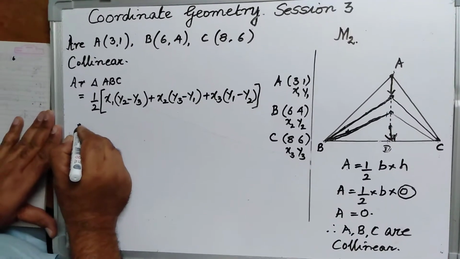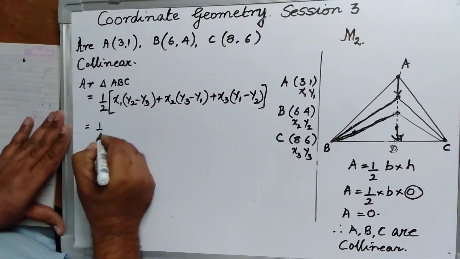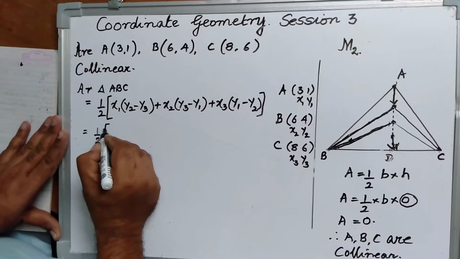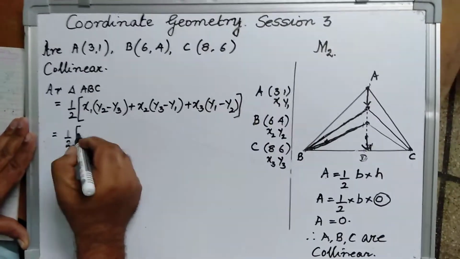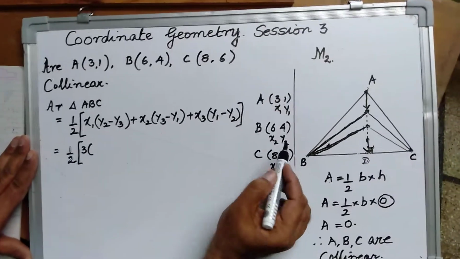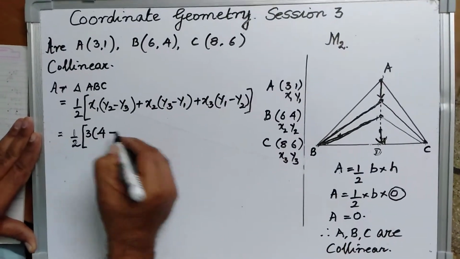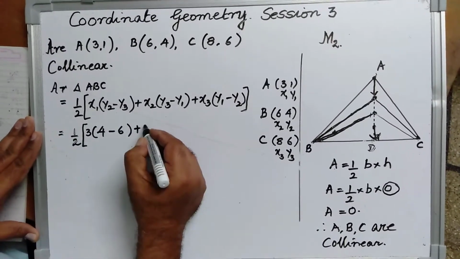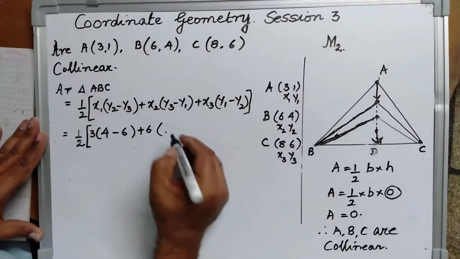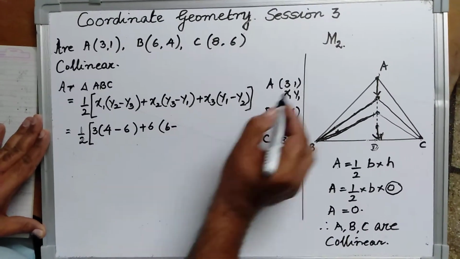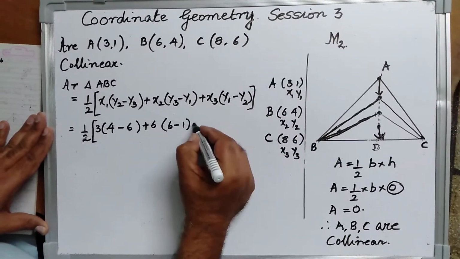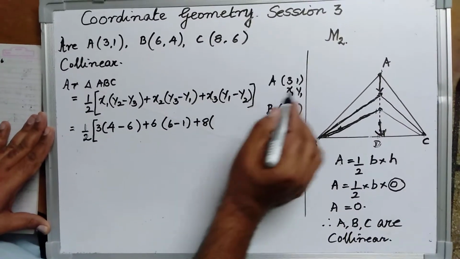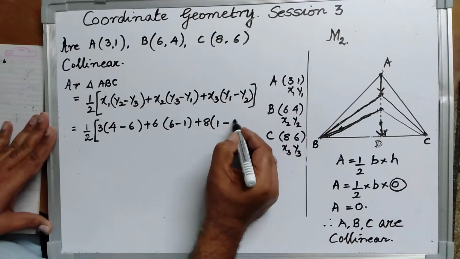Therefore, area of ABC will be equal to half into, instead of x1, locate the value of x1, that is 3, y2 is 4, minus y3 is 6, plus x2 is 6, y3 is 6, minus y1 is 1, plus x3 is 8, y1 is 1, minus y2 is 4.